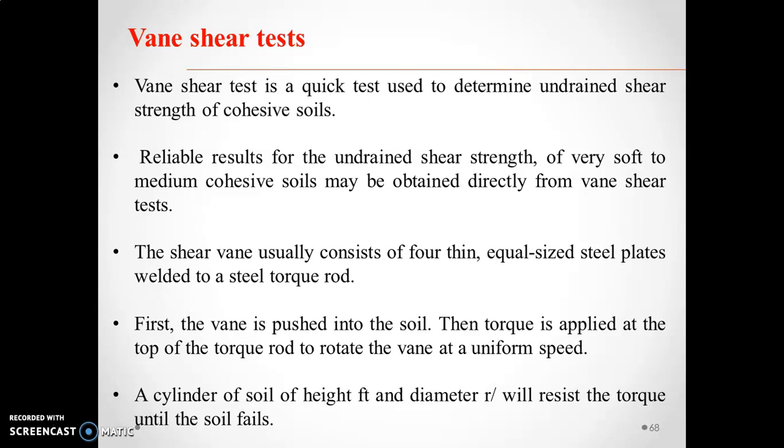To conduct the test, the vanes are gently pushed into the soil and the torque rod is rotated at a uniform rate of usually 1 degree per minute. The torque T corresponding to the angle of rotation at uniform intervals is noted.